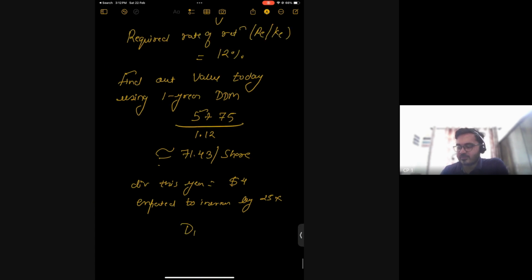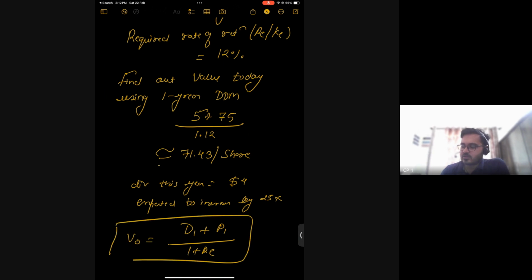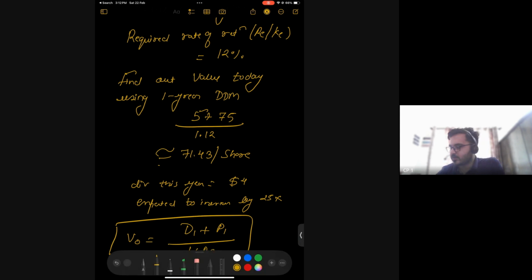You have to take dividend for the next year. You have to take the price for the next year divided by the rate of return, and that will give you value as of today. So be careful about these two things. You have to look at dividend and price as of next year. So be very vigilant and careful about these two things.